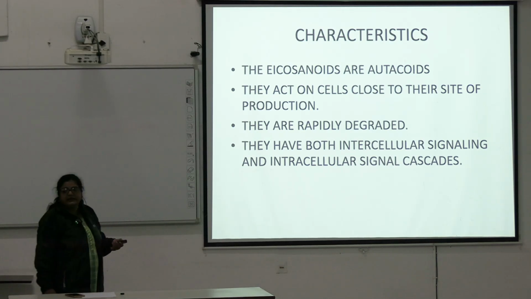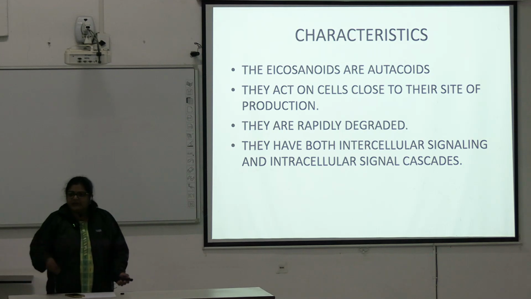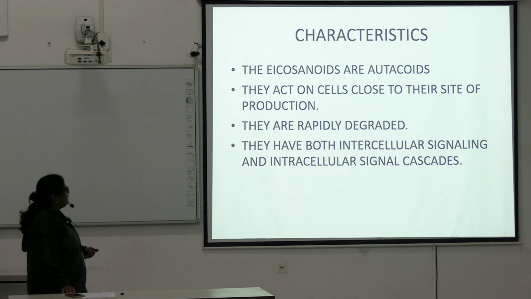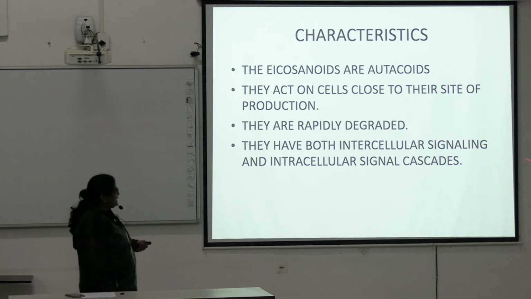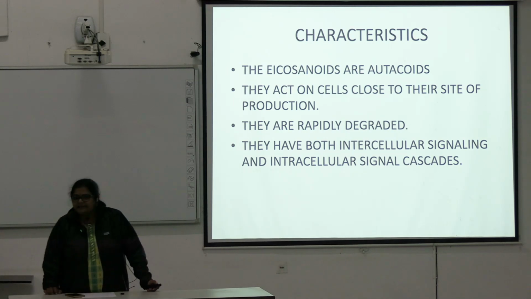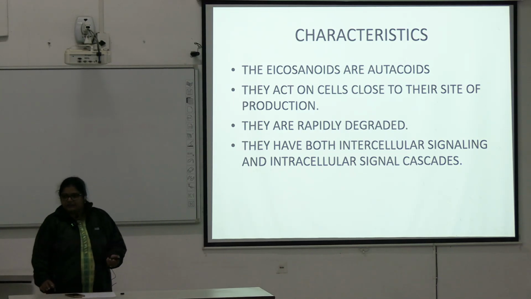They are rapidly degraded, within minutes or hours, and they have both intercellular and intracellular signaling cascades. A signaling cascade means a chain of reactions. Whenever an eicosanoid binds to its specific receptor, there is a chain of reaction.